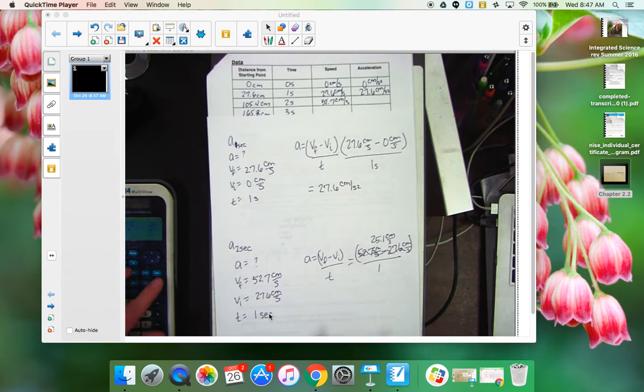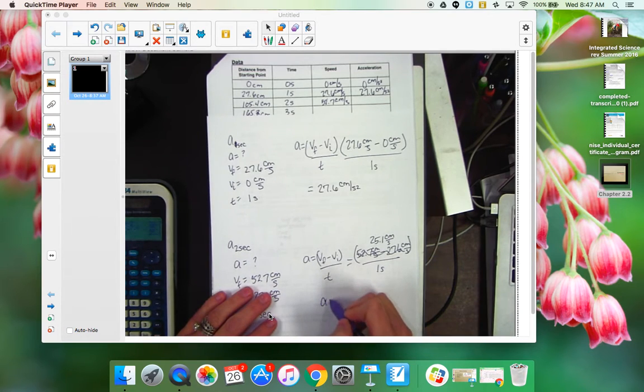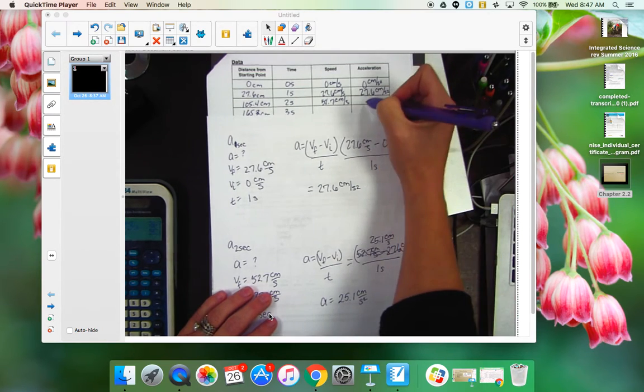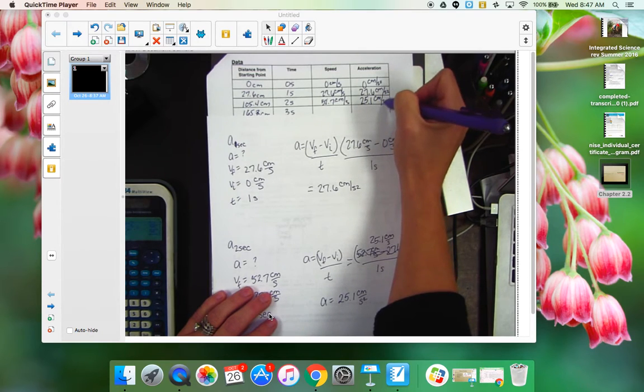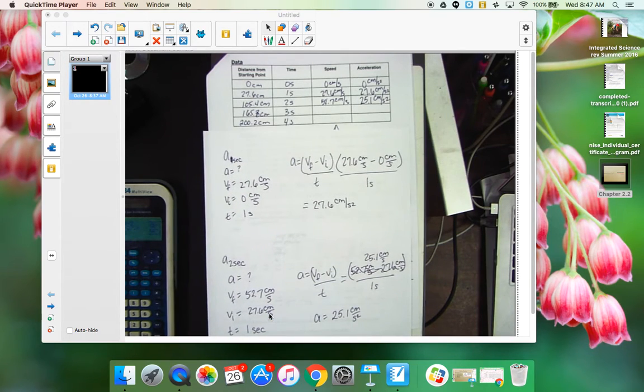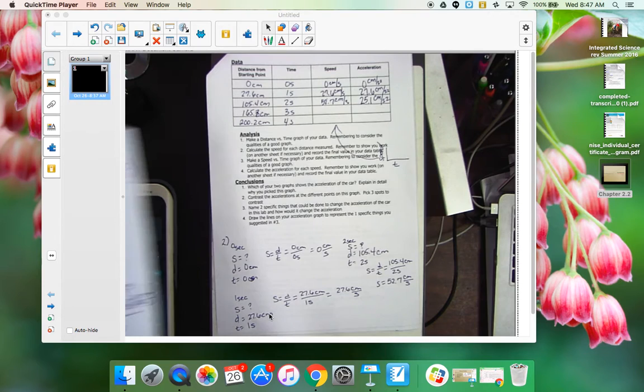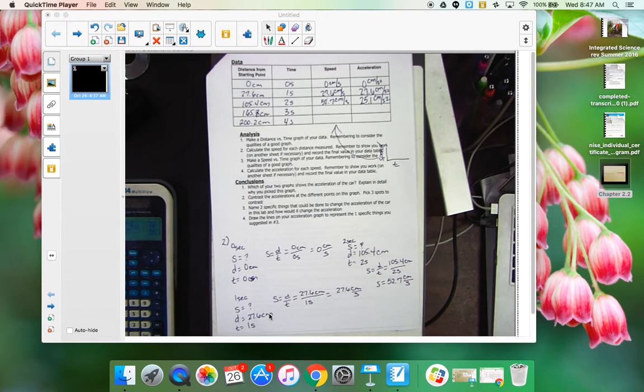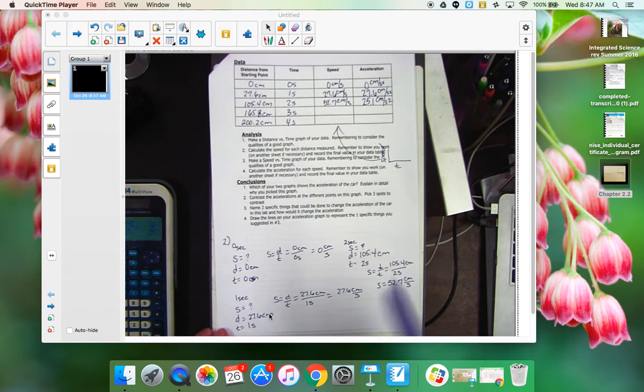And now I divide that by my 1 second. And I get my acceleration being 25.1 centimeters per second squared. I am going to continue to do these, and that would be the end of those. So you should have all of this then filled out by the end.